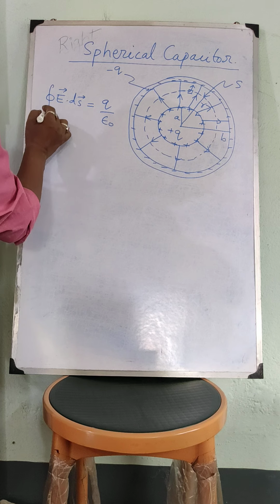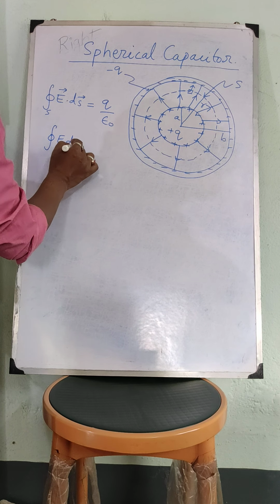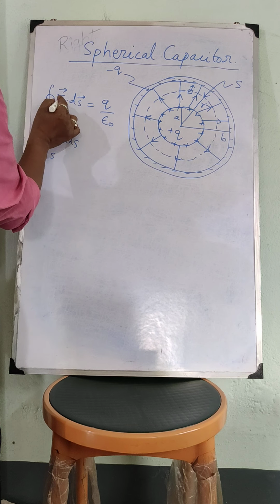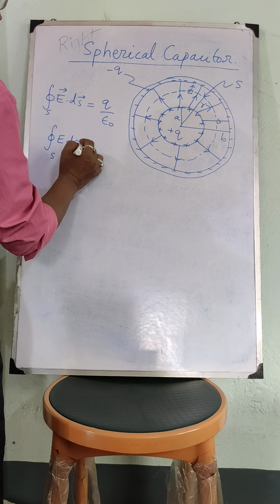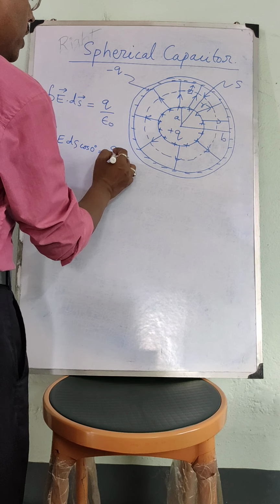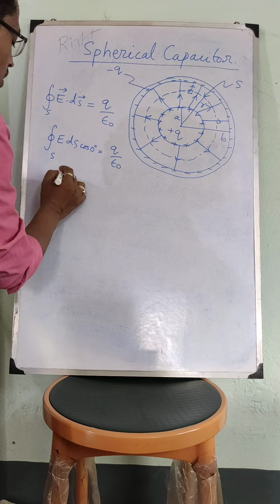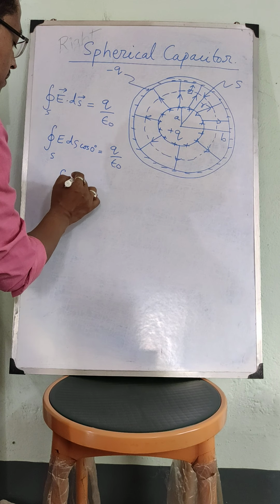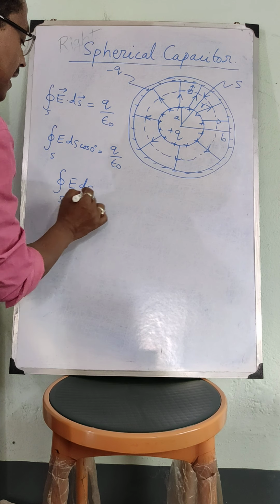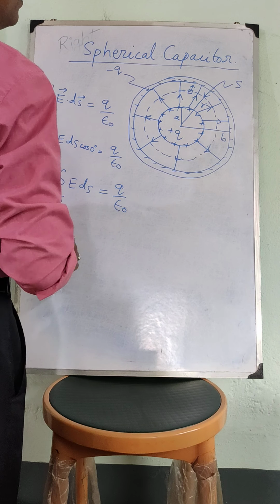See, E dot ds is E ds cos 0 degree. So this is equal to Q by epsilon 0. Now cos 0 degree is 1, so I will have integral of E ds over S equal to Q by epsilon 0.